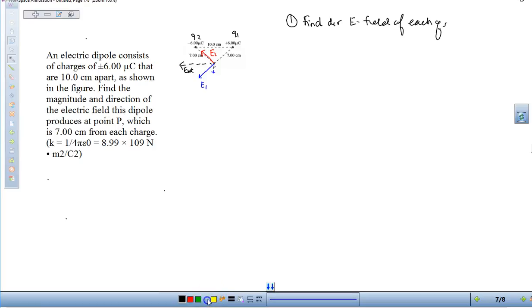So let's see why. The next step is to find the strength of the E field. I'll find my values for E1 and E2, just the strength, no signs. So E1 equals k Q1 over R1 squared. k is 8.99 times 10 to the 9th newton meter squared per coulomb squared.